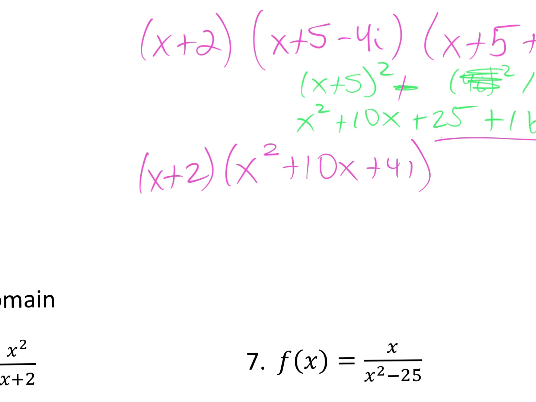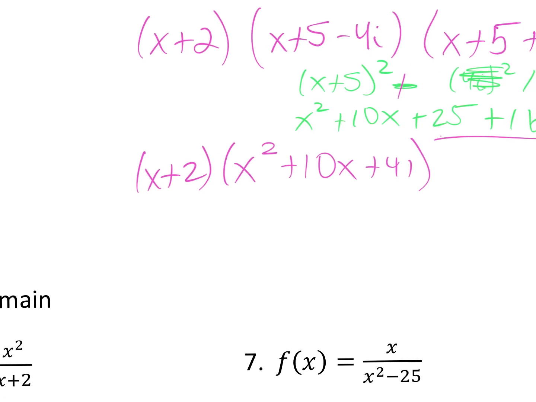Take your time. I know this appears like the numbers get large. They really don't. x times x squared is x cubed. x times 10x is plus 10x squared. x times 41 is plus 41x. 2 and x squared is plus 2x squared. 2 and 10 is plus 20x.